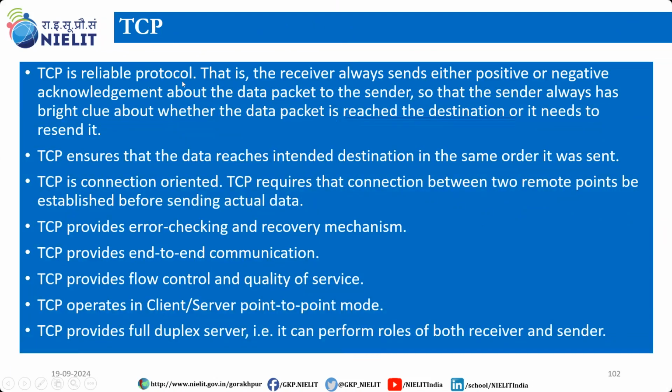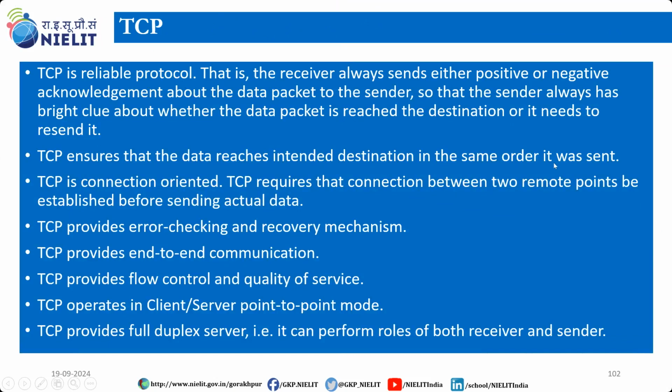So TCP is a reliable protocol. It always has positive and negative acknowledgement. If data is received properly, a positive acknowledgement signal is sent. If something went wrong with the received or sent data, a negative acknowledgement is received or sent. TCP ensures the data reaches the intended destination in the same order it was sent.